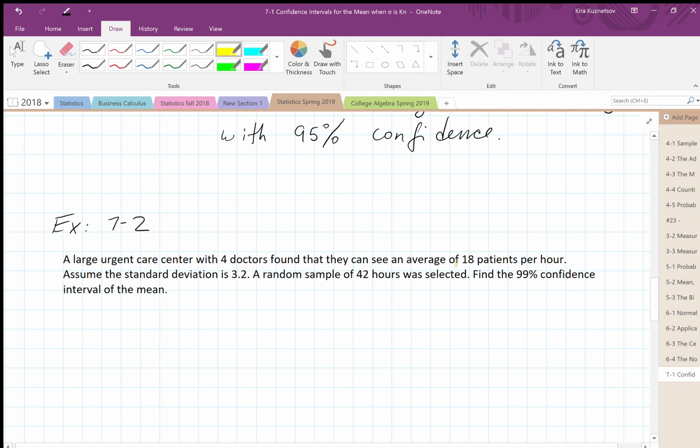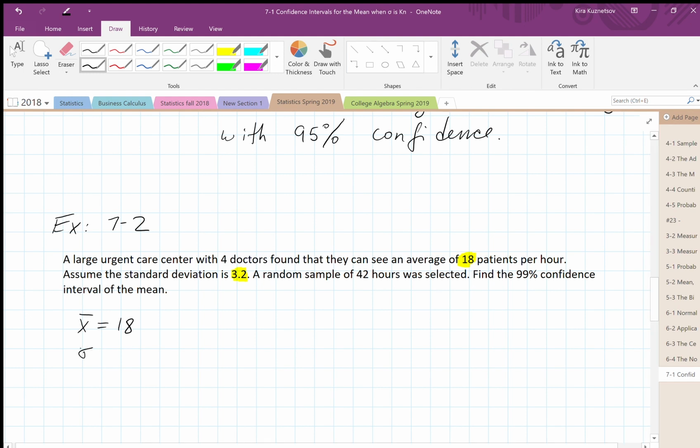We have an average. So they gave me an x bar. They didn't say population standard deviation, but that's what they meant. I think it's a typo in the book, or we don't actually need it because it says it's a large urgent care.